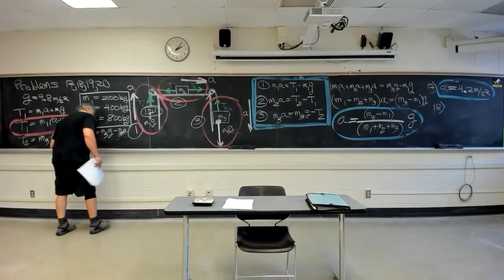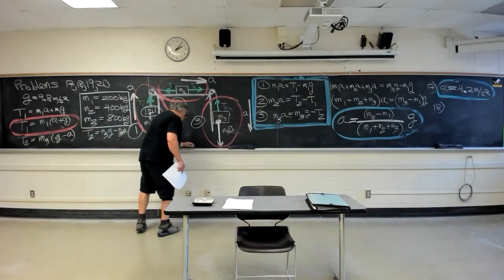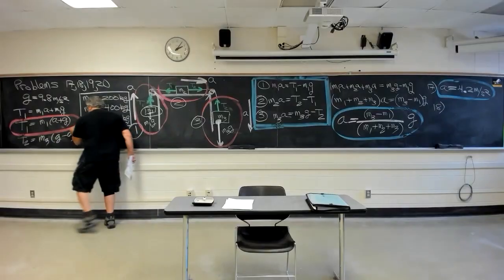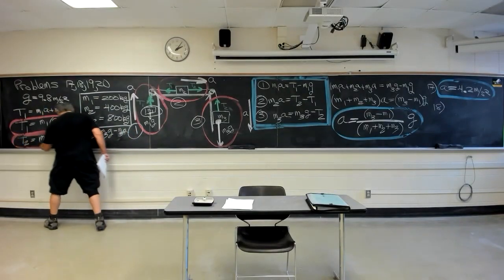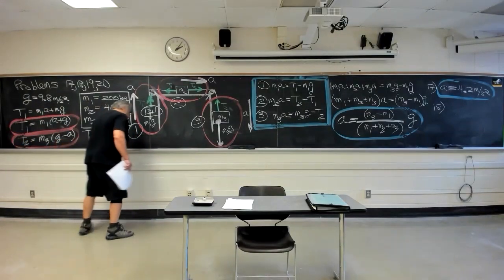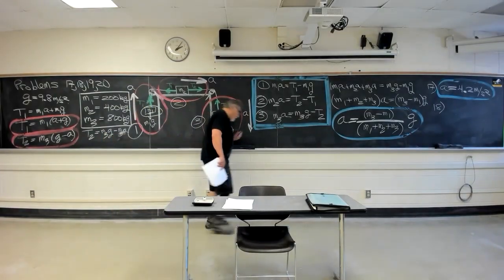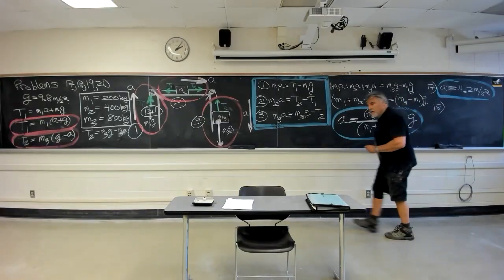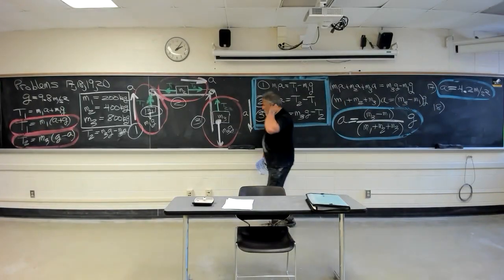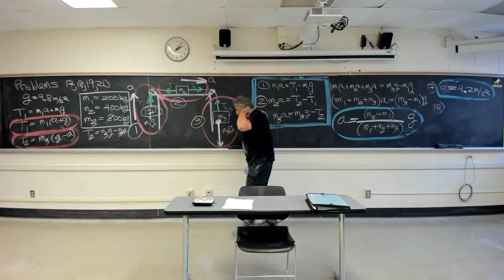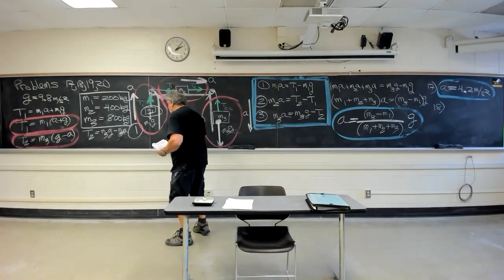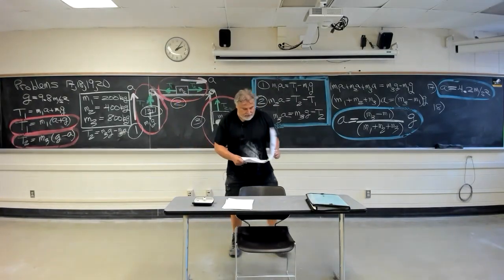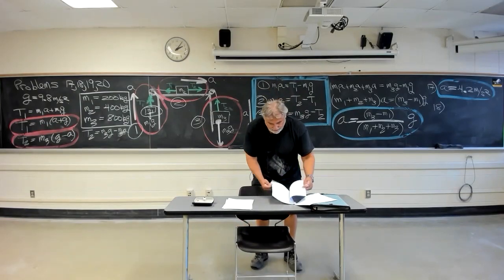Okay, well, now we got two other formulas. We already solved for A. We already know what A is. We can plug it in there. They want the tension, so let me cut to the chase on this.